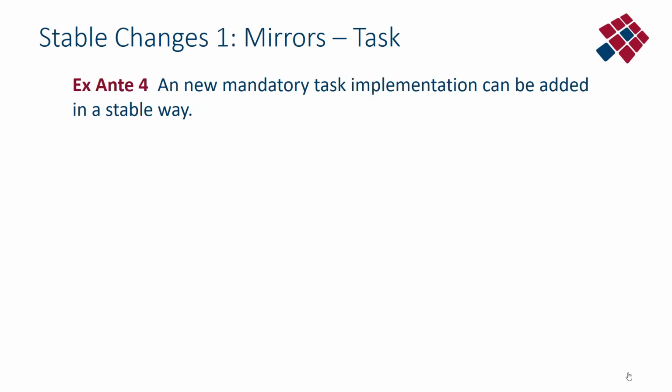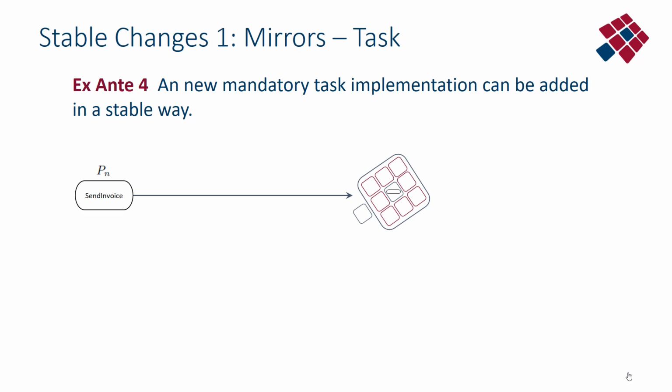You can also perform the requirement change to have a new mandatory task implementation in a stable way. Once again, suppose you have a task entity, that task entity is transformed into, implemented in a task element.